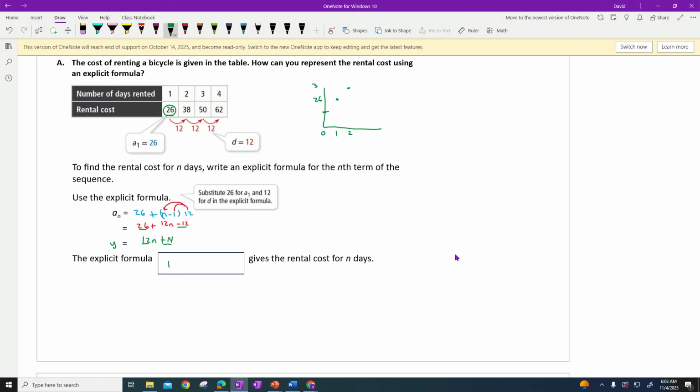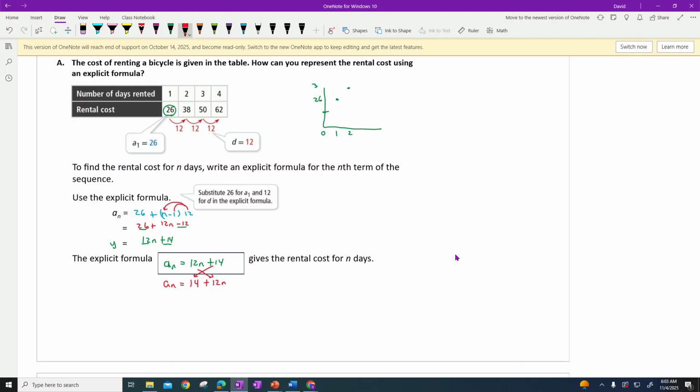So I'm going to say a sub n equals 12n plus 14. Now for some reason on your homework today they have it written like this a whole lot of times. They have the 14 first plus your 12n's. So it doesn't matter because they're both on the same side.